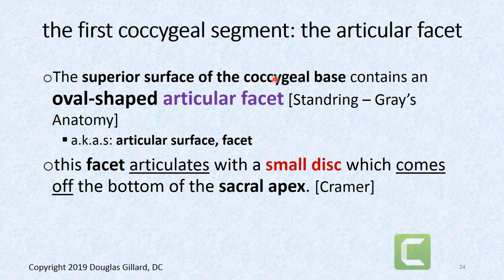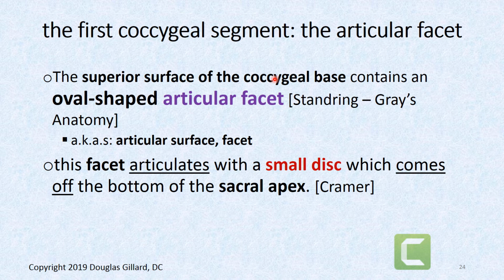Articular facet, as we said, on the superior surface of the coccygeal base, there is an oval-shaped articular facet, and that's just like the facet of the superior and inferior articular processes that we'll talk about. It's just like the facet that is on your patella and on your tibial plateau. They're all over the body.